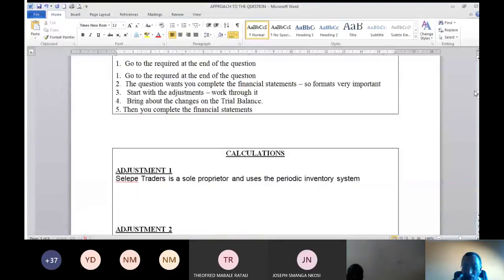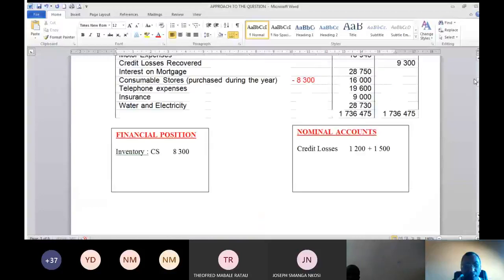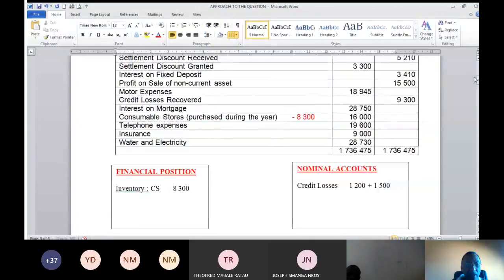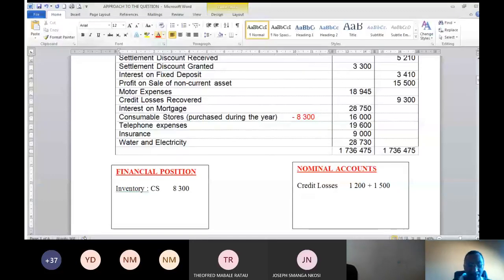To show the impact on our trial balance now, go to your account, insurance, and that 9,000 Rand that you have paid there was, remember, for 18 months. So to update your trial balance now, we will now say that your expense will have to decrease by 3,000 Rand.